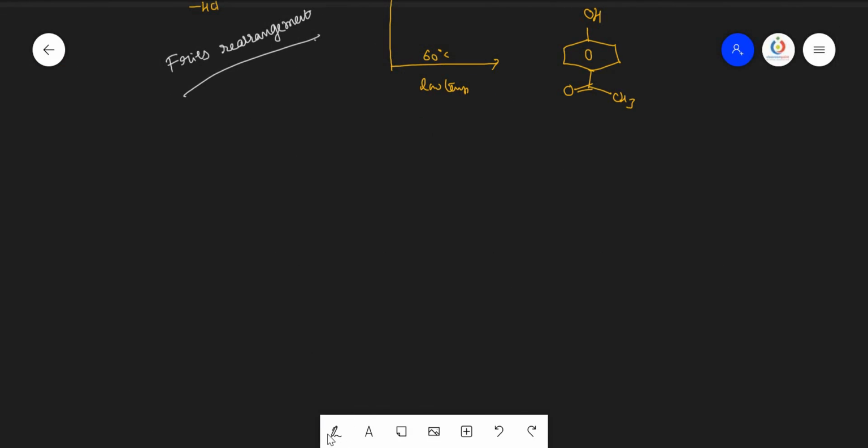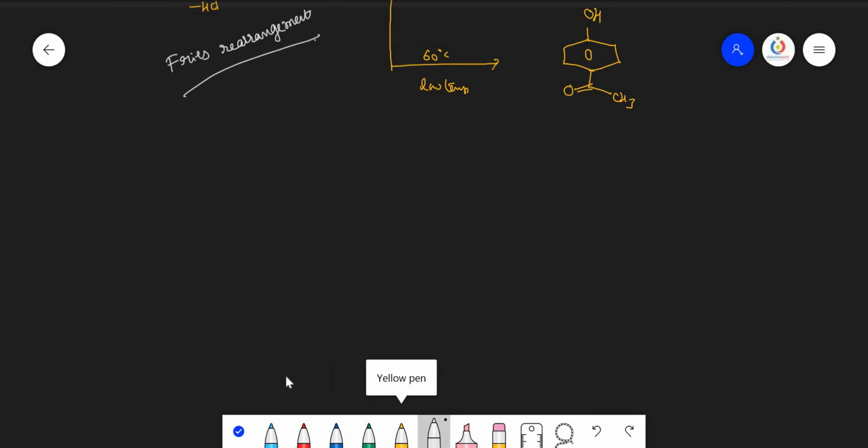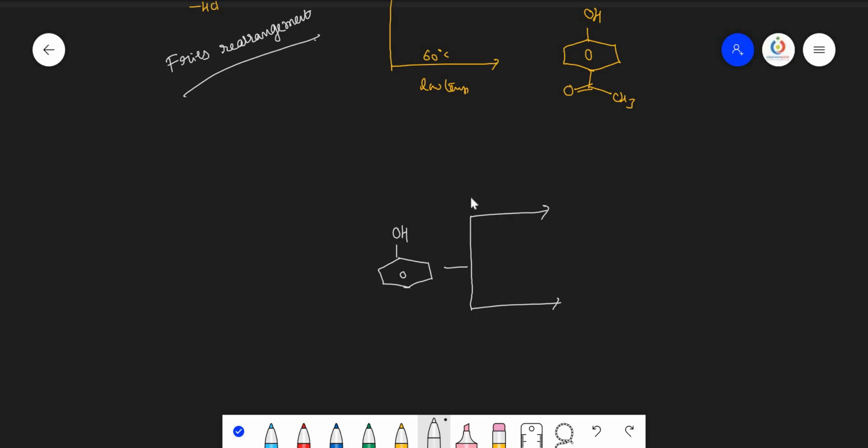Now, let us see some other electrophilic substitution reactions of phenol. Just take the phenol. I am writing like a chart. This phenol, when subjected to concentrated HNO3 and dilute HNO3. When you use the concentrated HNO3 and H2SO4 mixture, then all these ortho and para positions shall be occupied by the NO2 group.